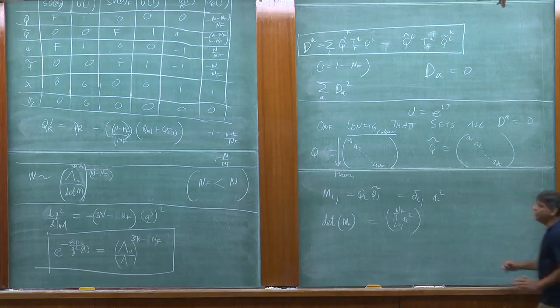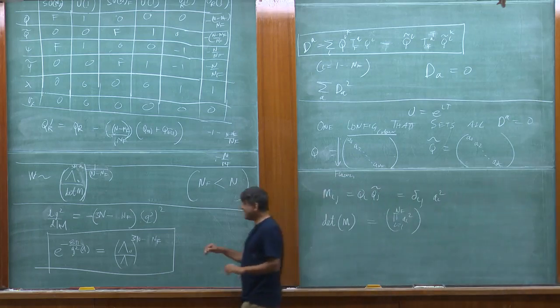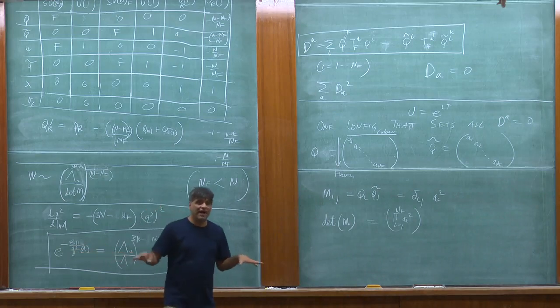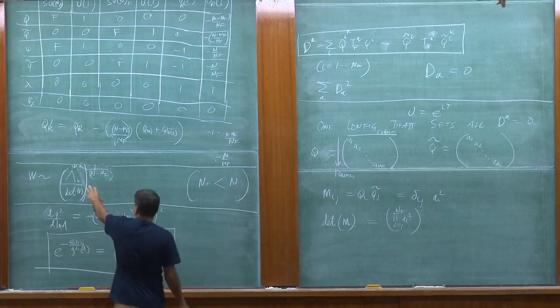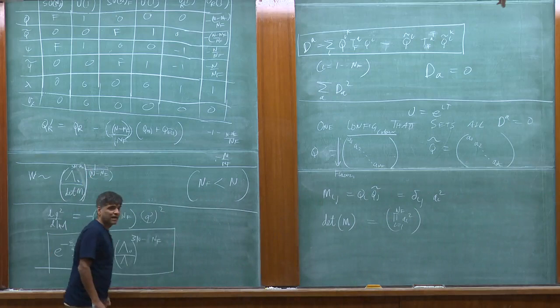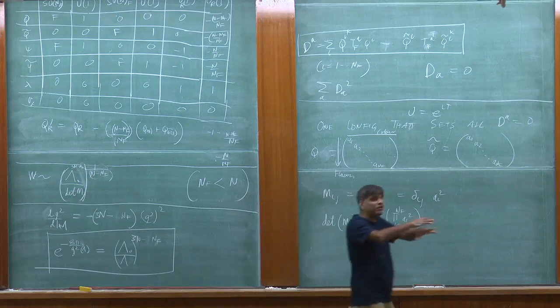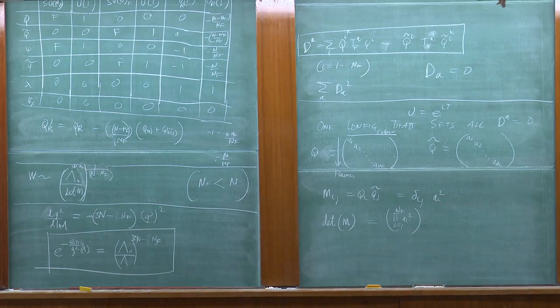So, what was the situation? In the absence of this superpotential here, we had this moduli space of vacua. The moduli space of vacua is labeled by these 2NF complex parameters plus global symmetries. So a large number of different vacua.